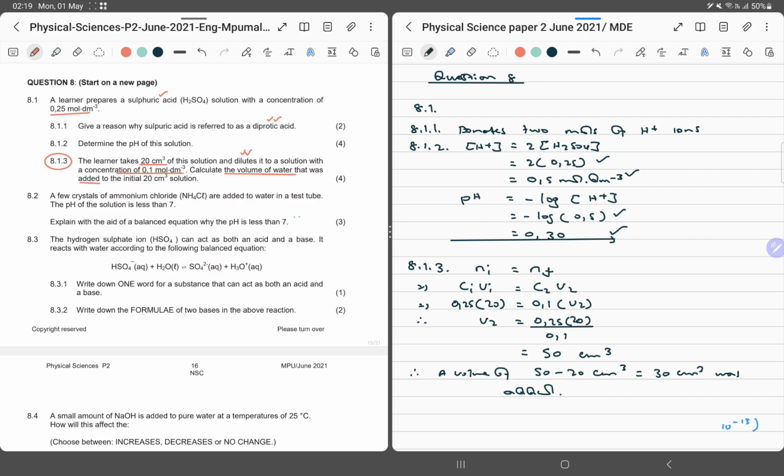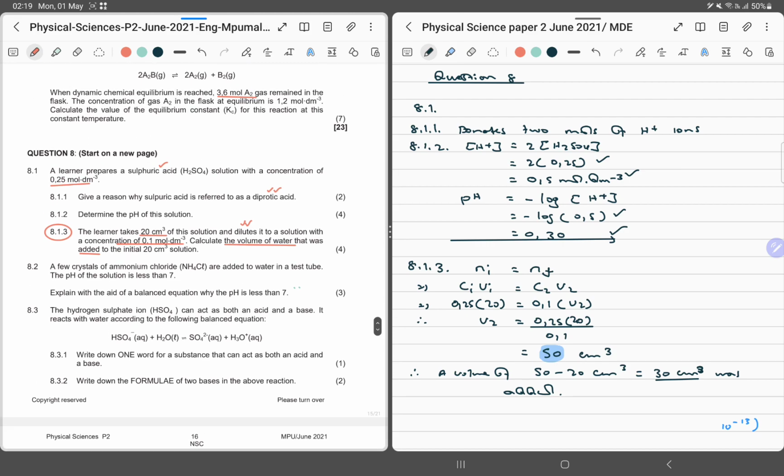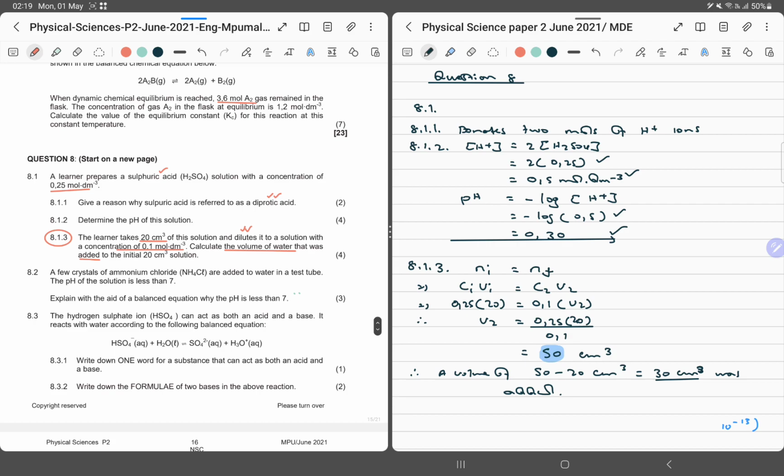There's plenty of ways you can do this, but in essence, they wanted to find out how much must we have added. Remember, this is the total volume of the second solution. So what did we add? We added just 30 centimeter cubed. So you can change it to decimeter cubed if you want.